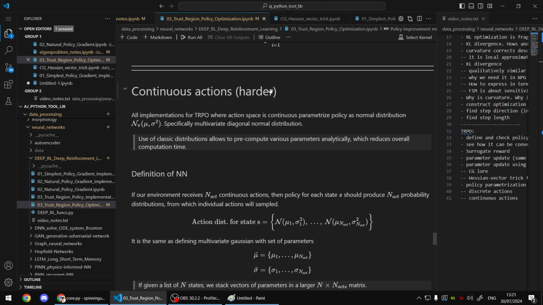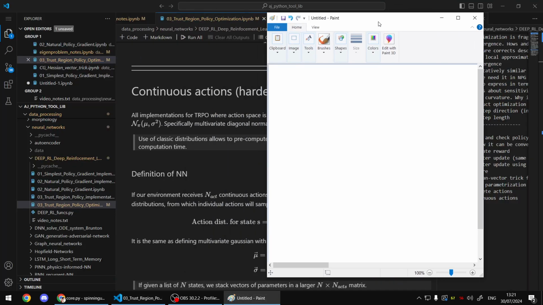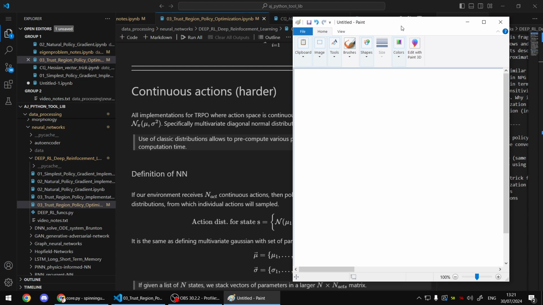And now the question of continuous actions. First of all, what if our agent can make two discrete actions, but we have only proved it for one set of discrete actions?